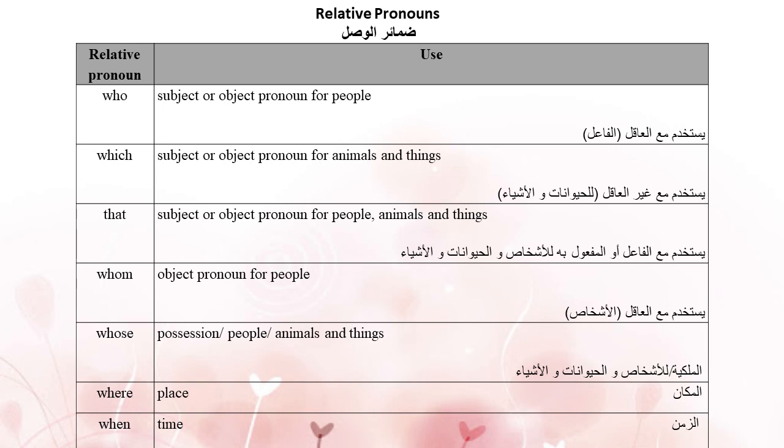For example, the place where I was born, the place where I keep my precious things. And we have the last one, when. We use when for time. So whenever you talk about time, the day when you were born, the year, or a date, this is time, and we use the relative pronoun when.